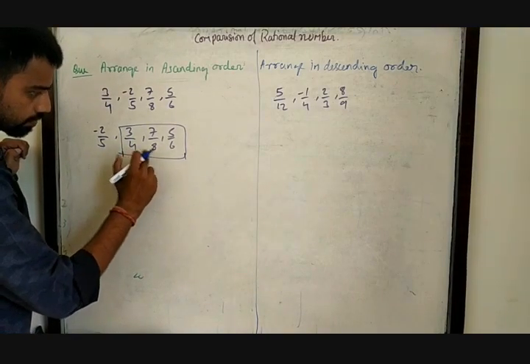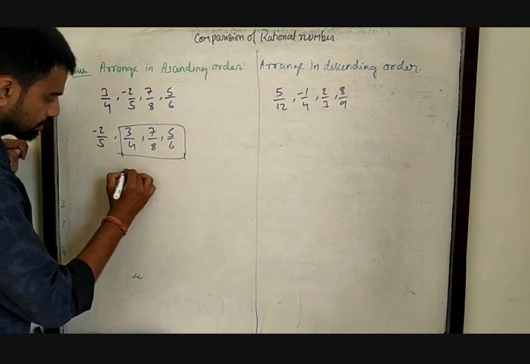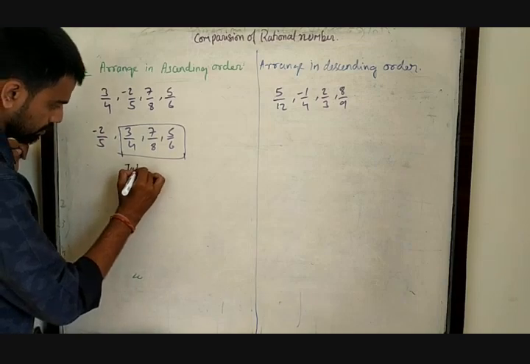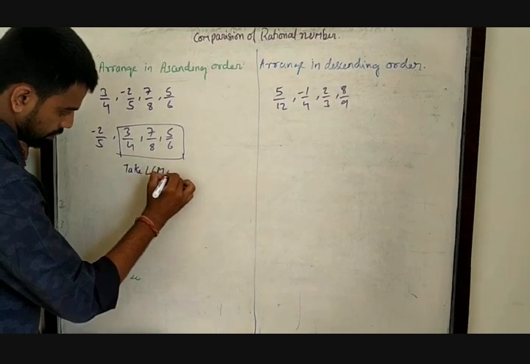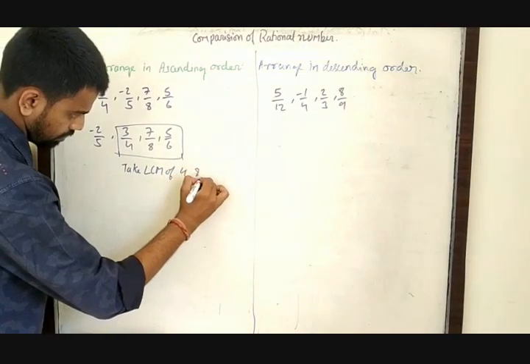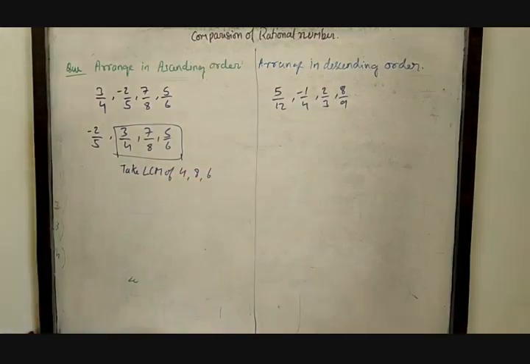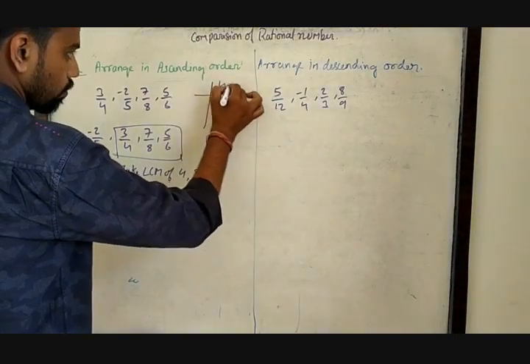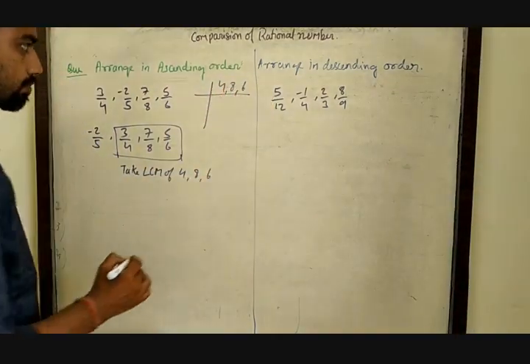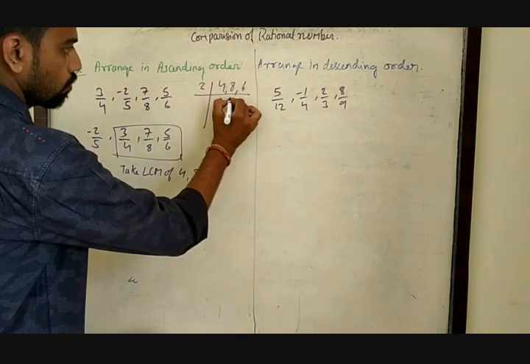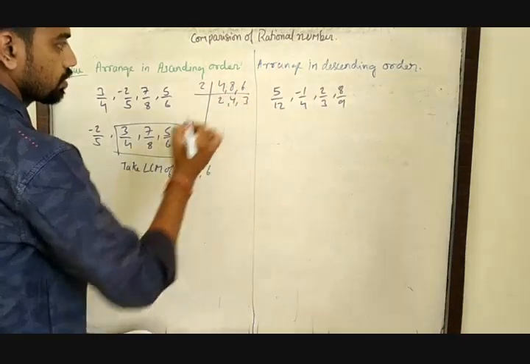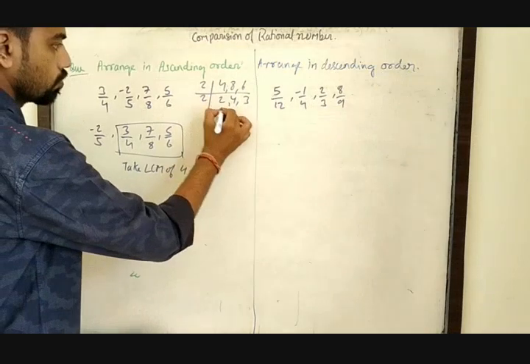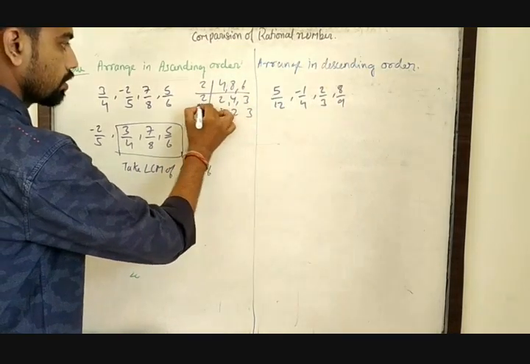Out of the denominators 4, 8, 6, take the LCM. We write 4, 8 and 6. Divide by 2: 2, 4 and 3. Again 2: 1, 2 and 3.